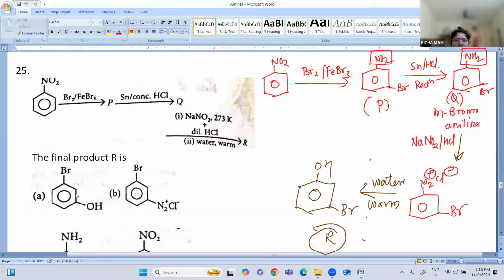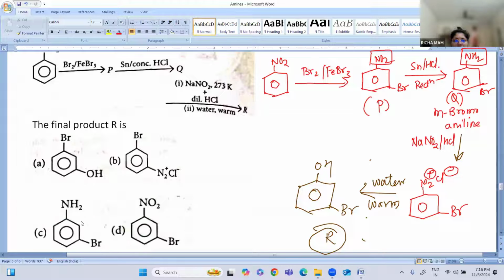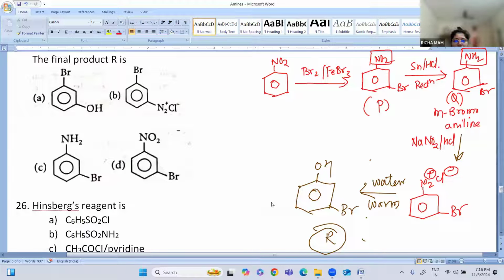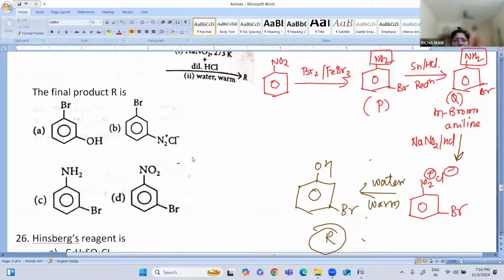So which is the option number? OH. Option number A. With respect to OH, the Br is at the meta position. So option number A. Got it?